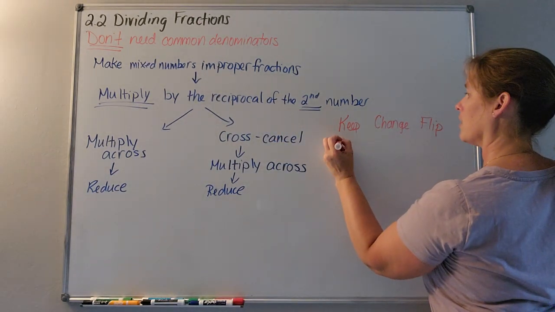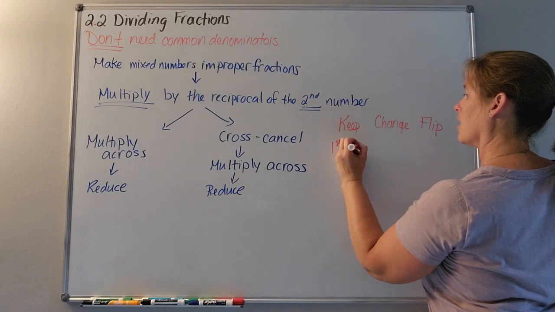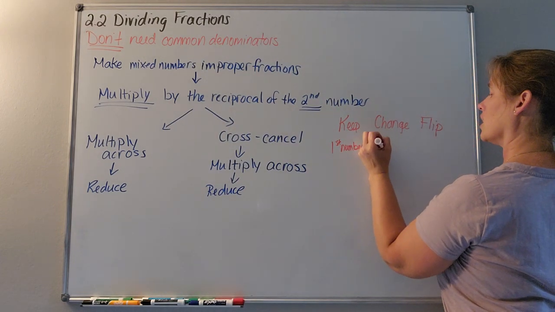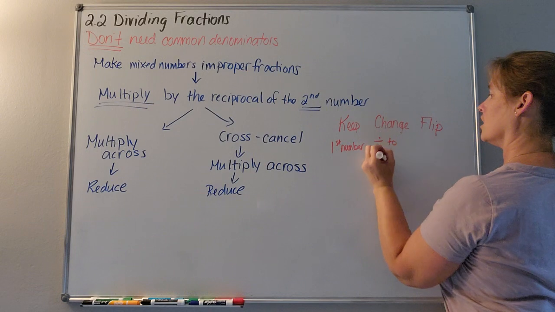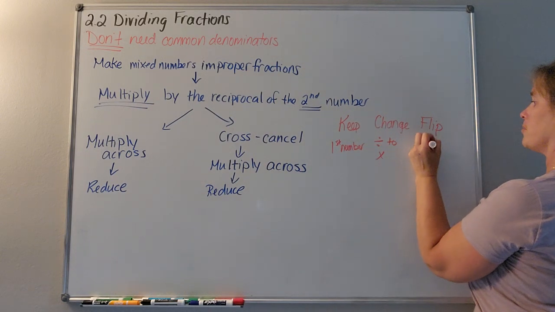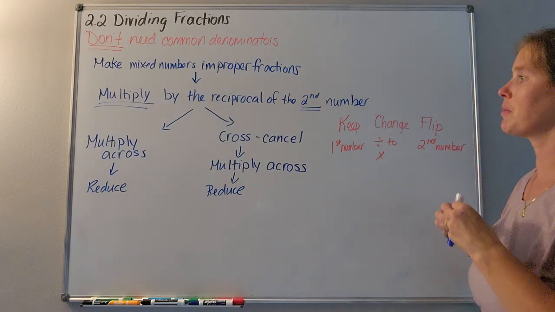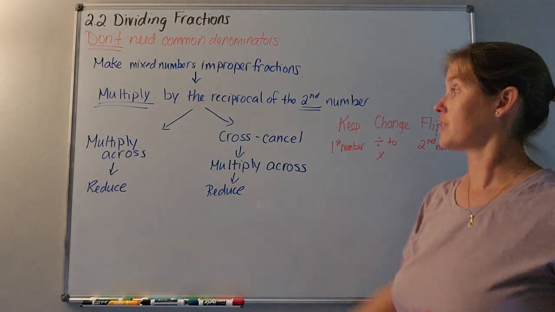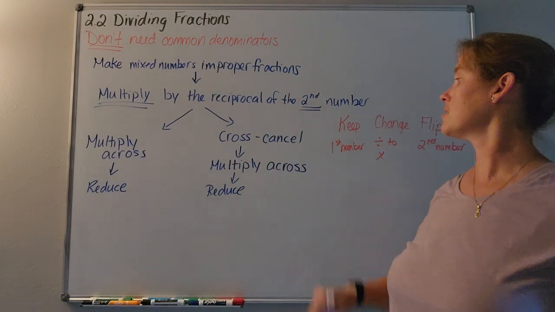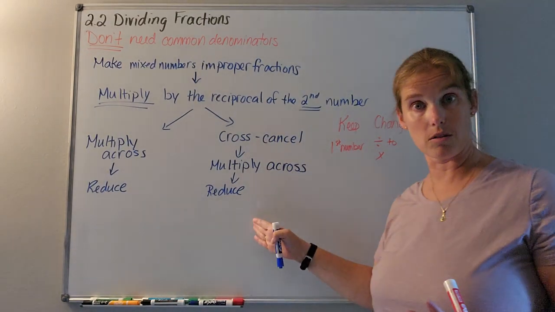Keep first number, change division to multiplication, flip second number. Keep, change, flip. And then we go to our multiplication process. Multiply across and reduce, or cross cancel, multiply across, check for reducing.